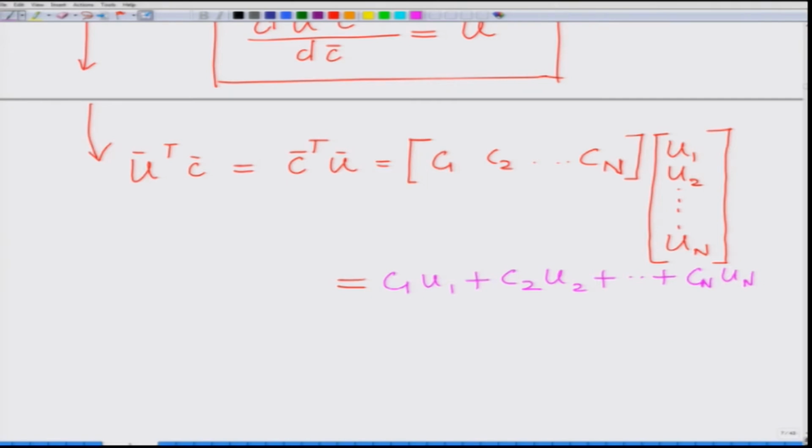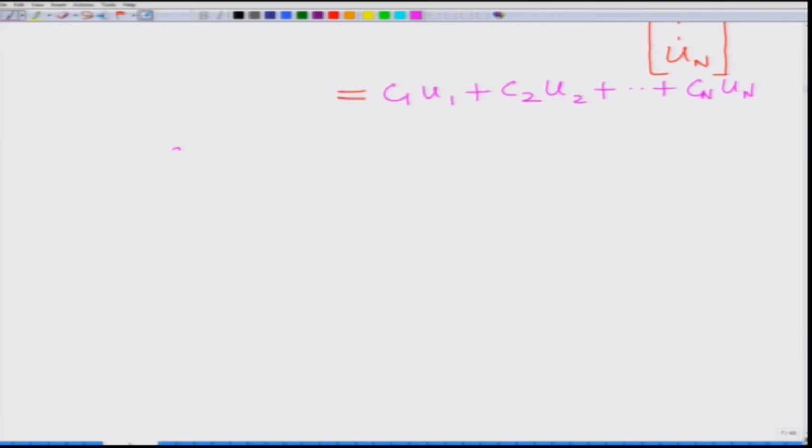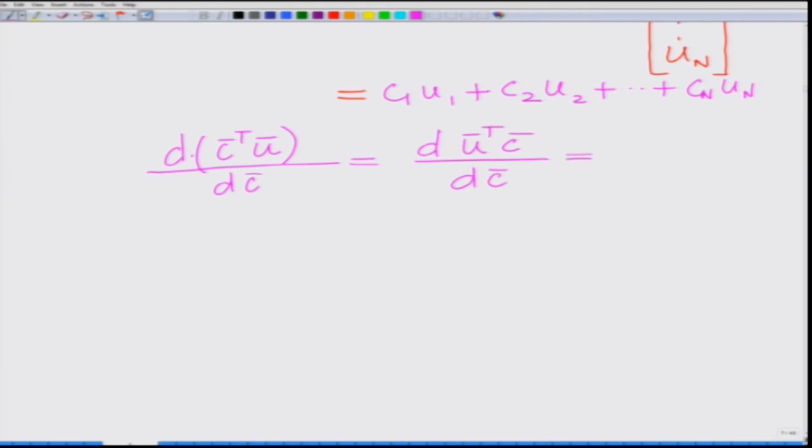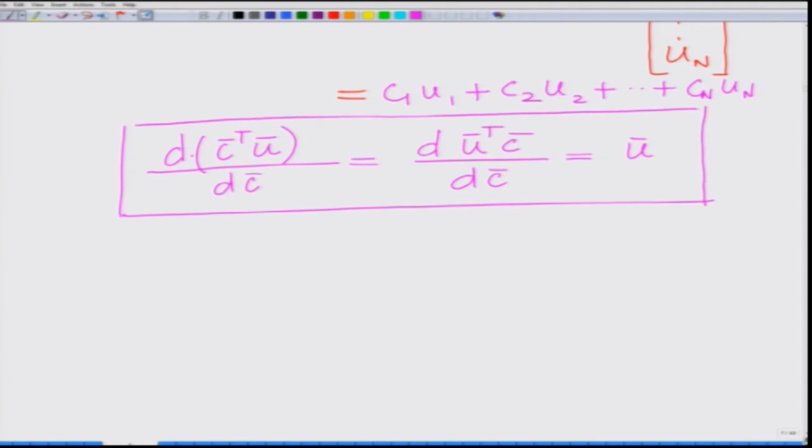In fact, these are both scalar quantities, so they are equal to the transpose of each other, and C bar transpose u bar is basically the transpose of u bar transpose C bar. Naturally, if we take the derivative, the derivative of C bar transpose u bar with respect to C bar will be equal to the derivative of u bar transpose C bar with respect to C bar, and we already know this derivative is equal to u bar. Okay. So, we have this principle.